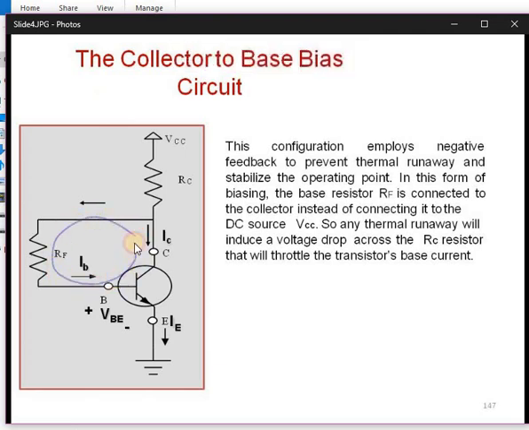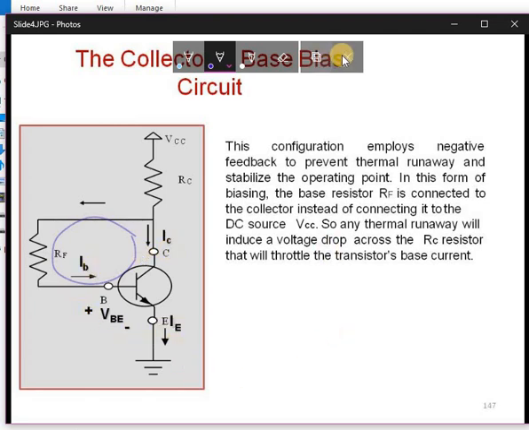So in this section we are applying the KVL at the input section. The current flowing through the resistor RF, and the current flowing through the collector and emitter terminals.